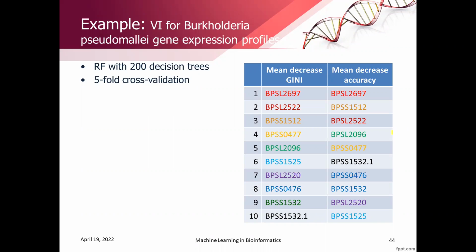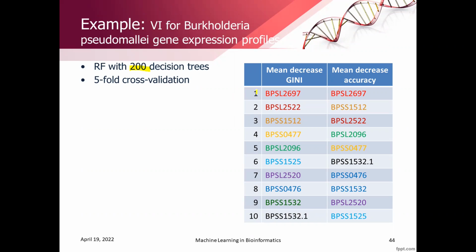So there was built a random forest with 200 decision trees. And for this random forest, 5-fold cross-validation was used to compute the variable importance.